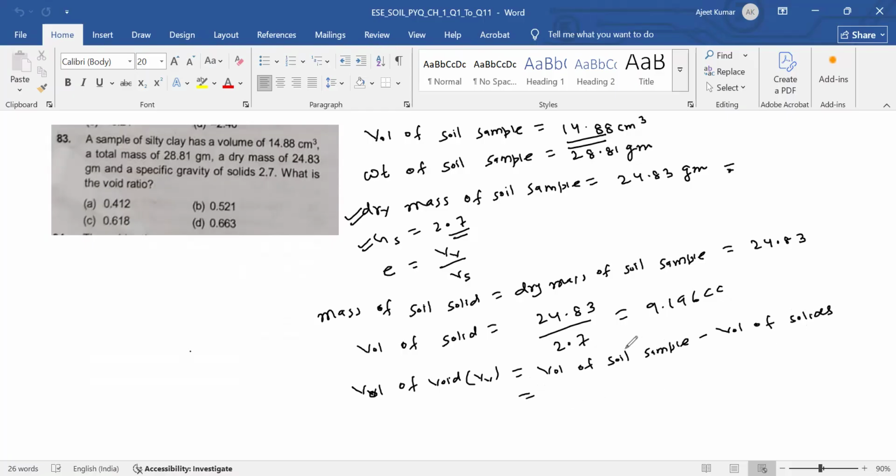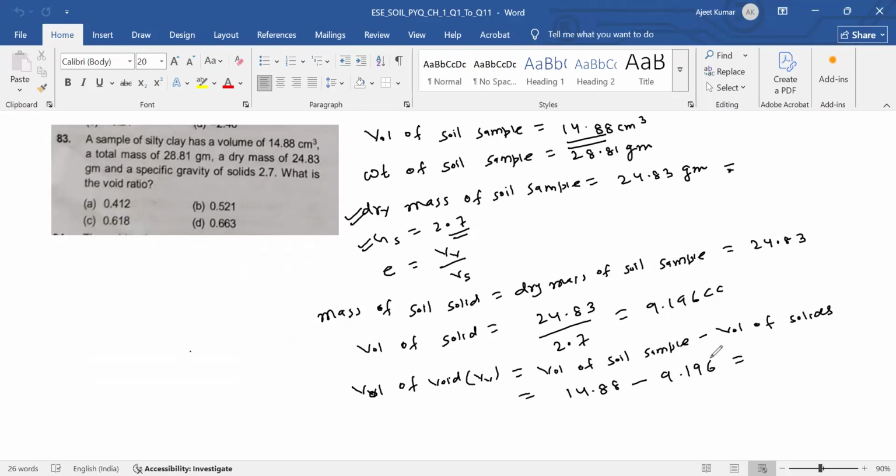The volume of soil sample is 14.88 centimeter cube, minus the volume of solid, 9.196.